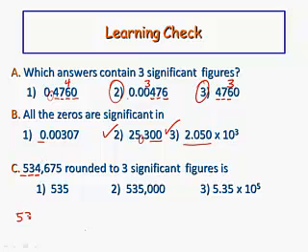So we have 5, 3, 5, and then we need to keep the magnitude of the number. So all of these values here that are going to get basically truncated, we're going to replace them with zeros, 0 placeholders. So now we have 3 significant figures, and the number has been rounded to 3 significant figures. So answer 2 is the correct answer for question C.